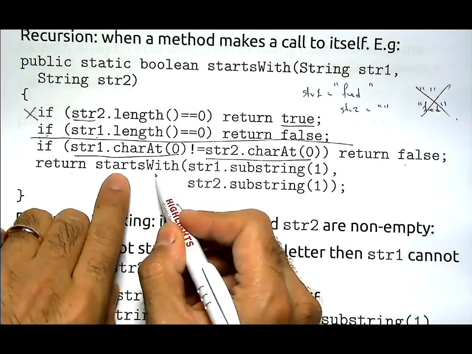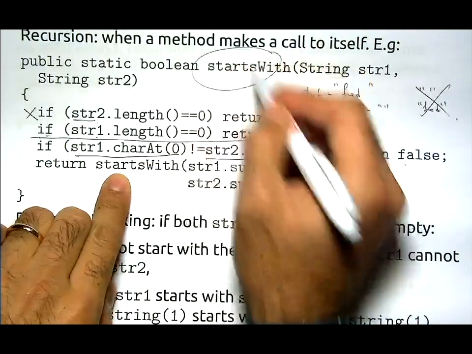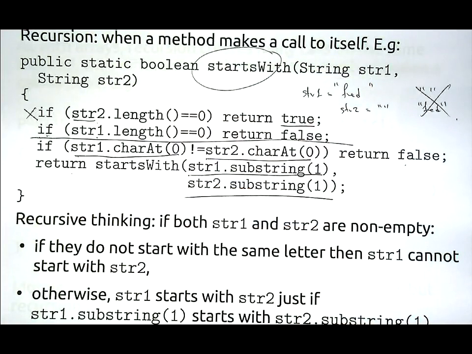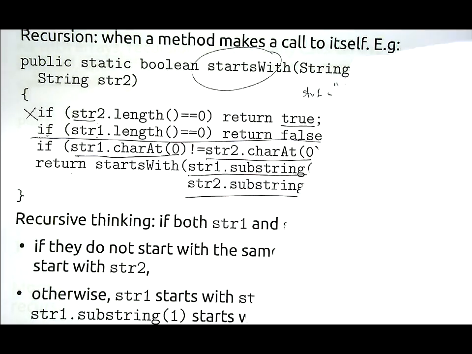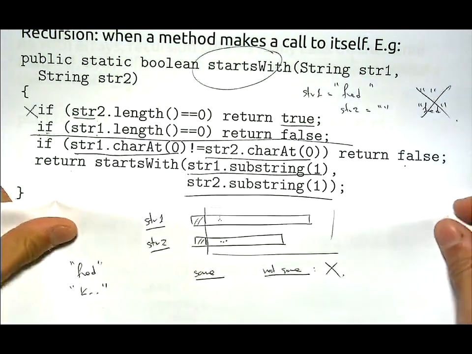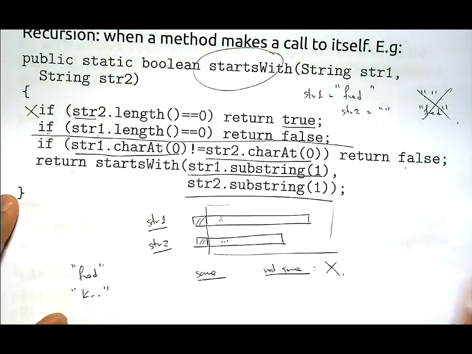Otherwise, I call myself again by taking the substrings, leaving out the first characters. So basically, I'm doing what I was saying here. I compare the first element of the strings.